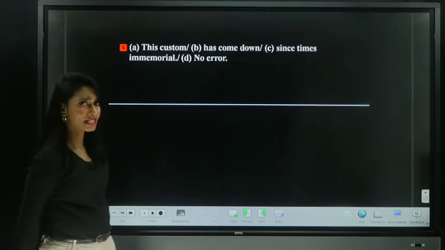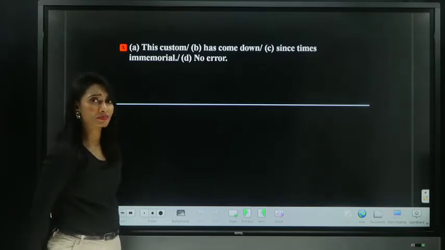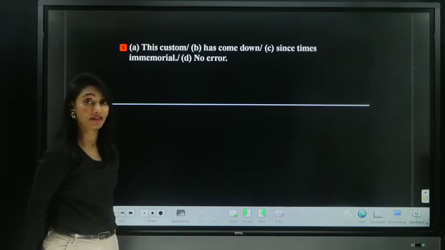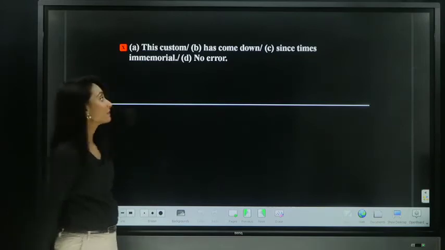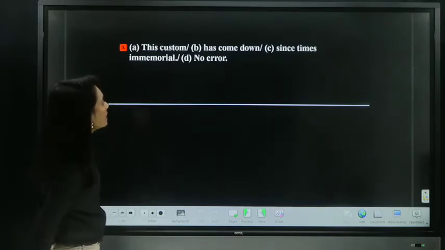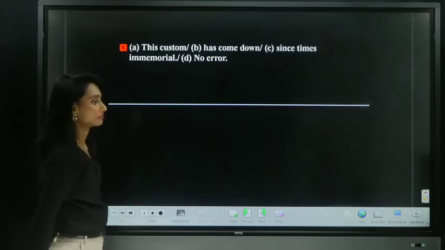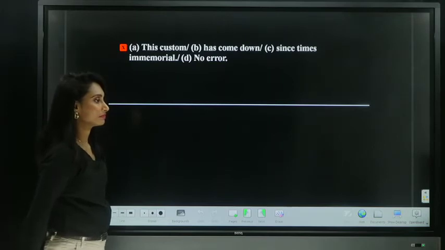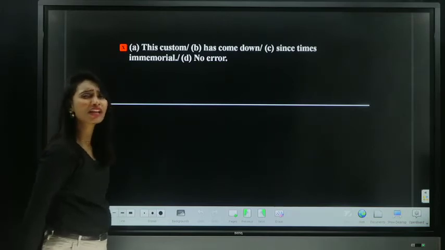While reading itself, you will have some iota of doubt or feel you cannot proceed further. There is the error, basically. Sunny answered B, has come down. Why, Sunny? Try it. Whether it is right or wrong, just try it, because if you try, you can learn better.